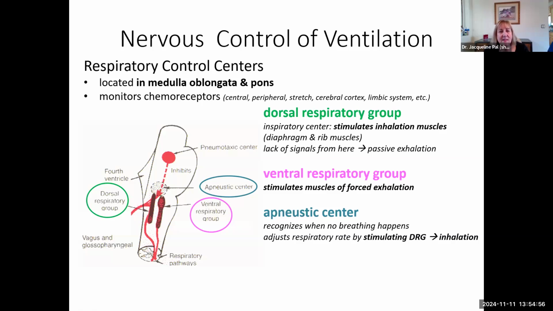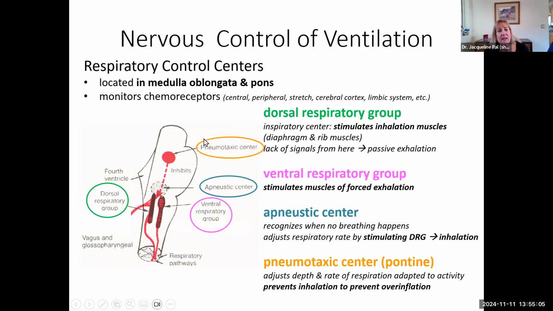And then the last group is not in the medulla oblongata, but it's much higher. It's up here in the pons. And so it is known as the pneumotaxic center, although some people call it the pontine respiratory center because it's in the pons. And what it does is it adjusts the depth and the rate of respiration regarding your activity.